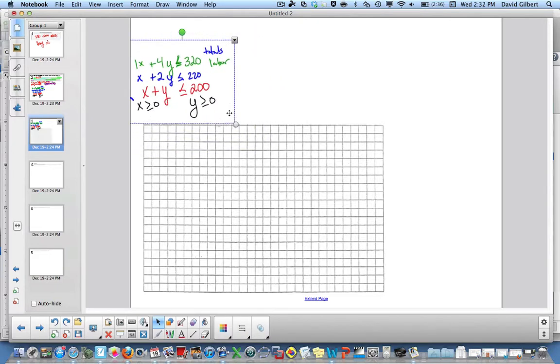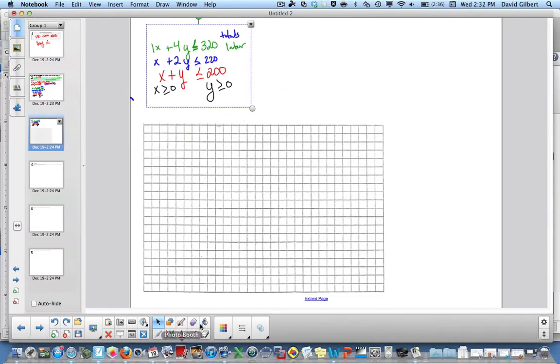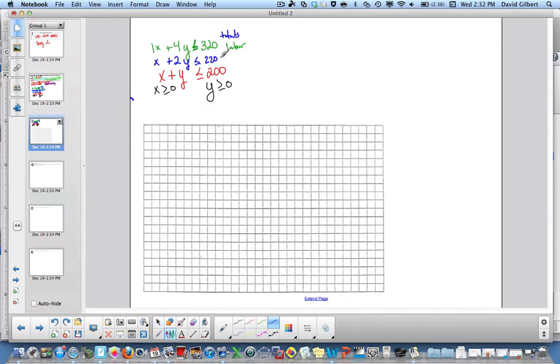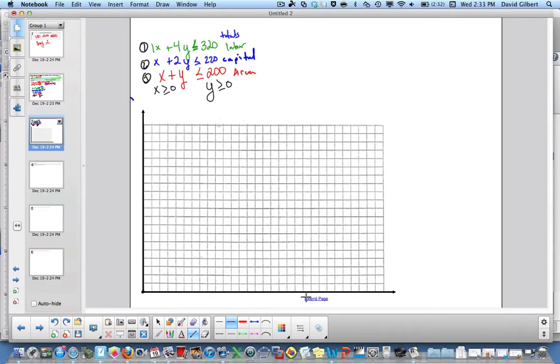This was capital. And this I'm going to call area, the total area of land that he has. So now these are going to be our equations 1, 2, 3, and you just remember that we're only using positive values. So I'll just right away say that we're only using positive xy values, so we're only going to be in the first quadrant.